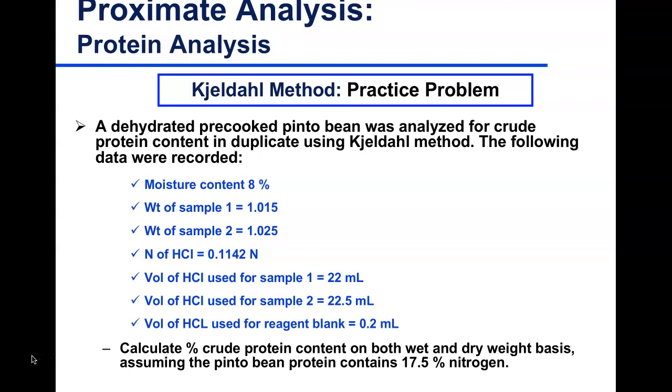And what you're going to be doing is calculating the percent crude protein on both a wet and dry basis, assuming the pinto bean protein contains 17.5% nitrogen. I will leave this slide up, and we'll give you a few minutes to work on it, and then we'll go from there.